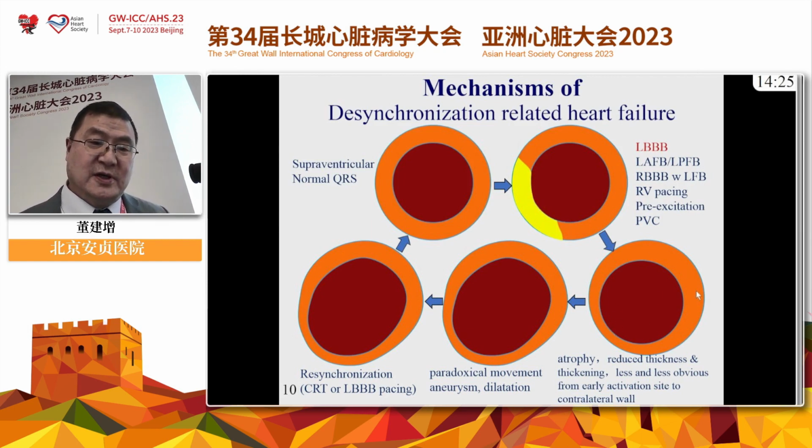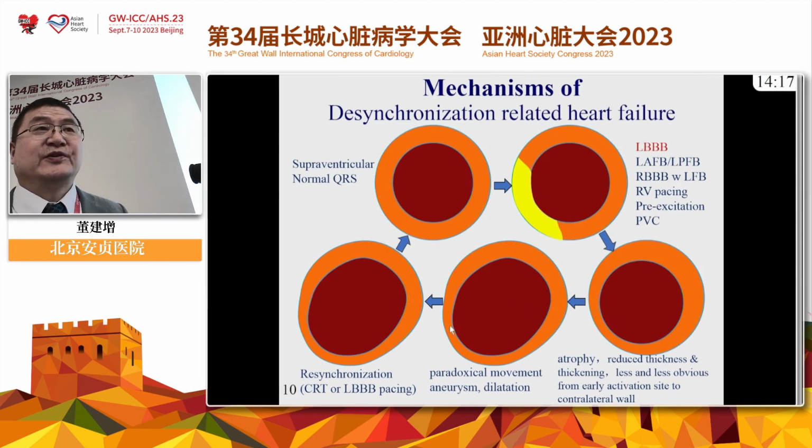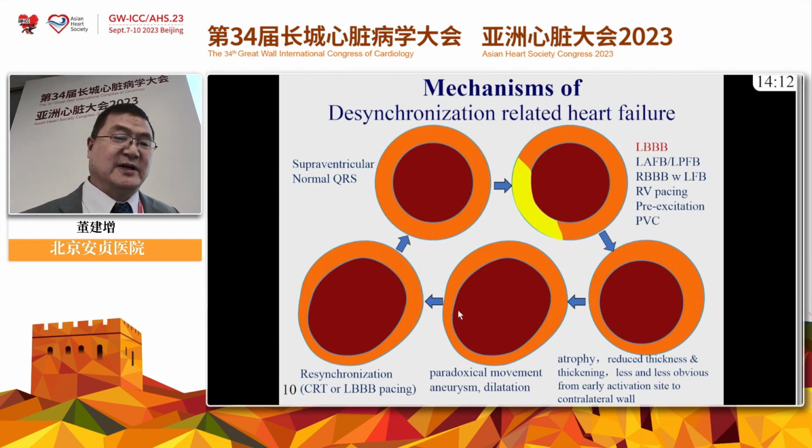During septal wall contraction, the septal wall will push into the right ventricle. It develops a thinner septum, paradoxical motion, and ventricular dilation.